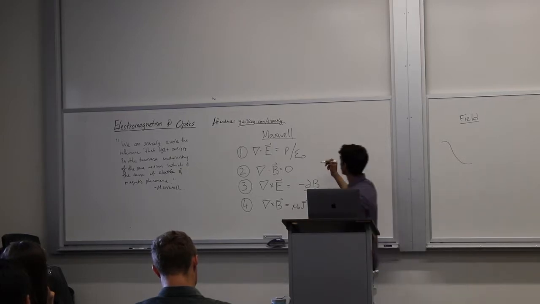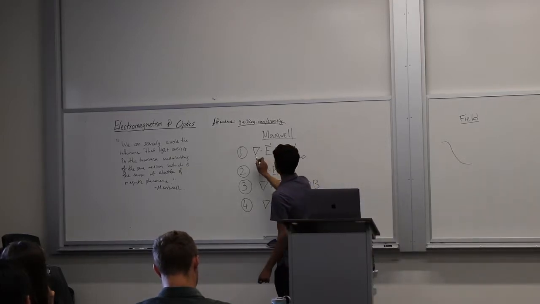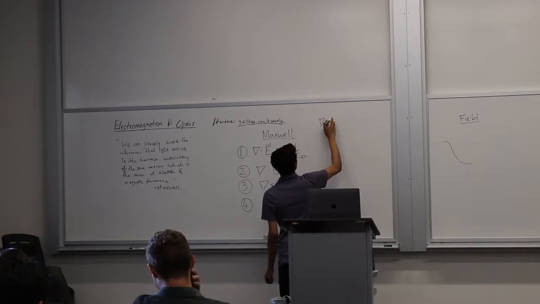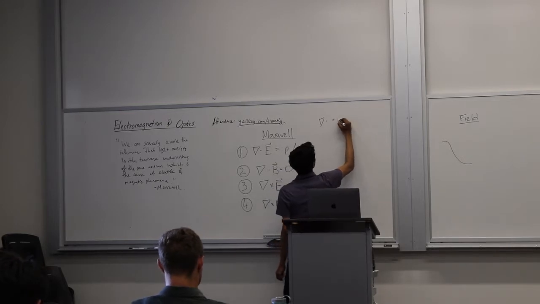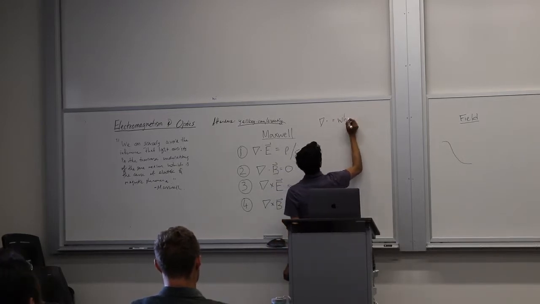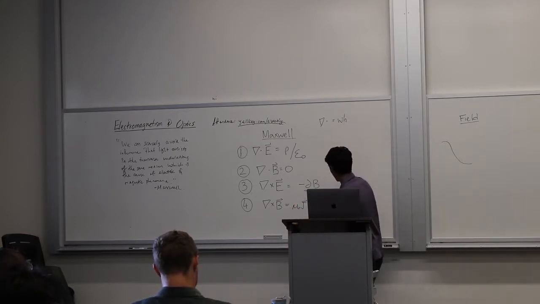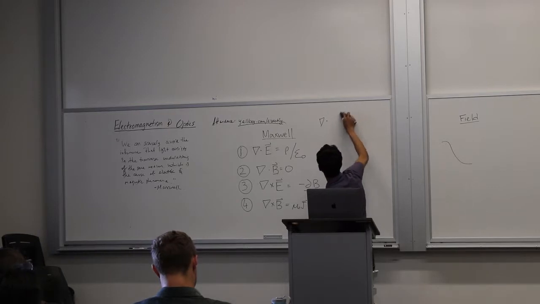But whenever you see an upside down triangle and a dot, I want you to read this as, this is called an operation.